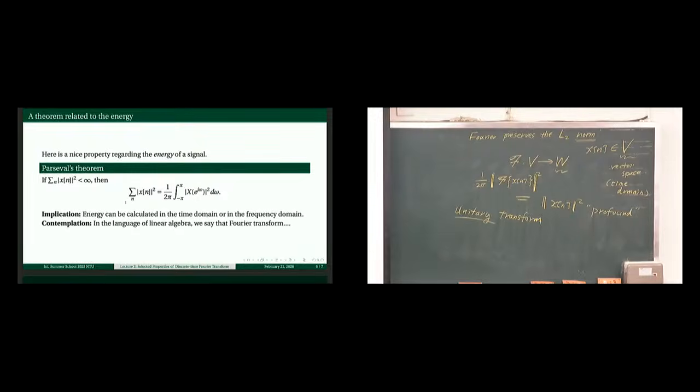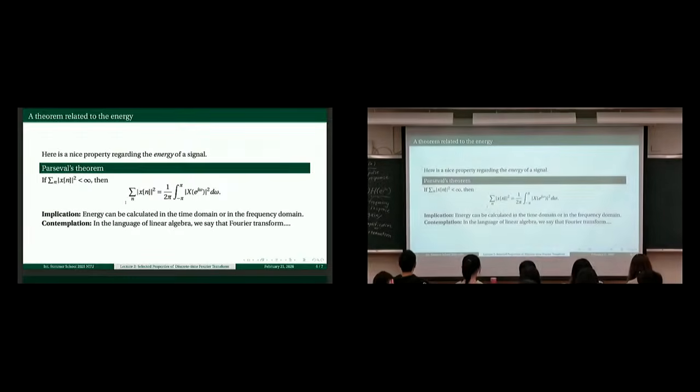But then back to 3D, can anybody give me an example of a 3D transformation which preserves the norm? I'm already giving you some hint. Anybody? Rotation, right? What kind of rotation? If I rotate my cup with water in it, is that a unitary transform?